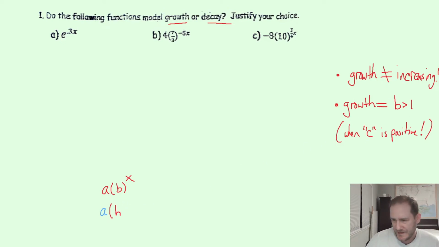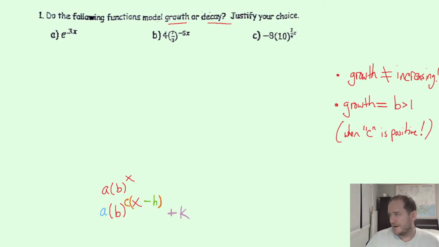And then your base b is not a transformation, that's just b. You've got an x upstairs. Then you've got a transformation here. Your coefficient on x is your c value. Then anything added on to x, technically subtracted, that's the h. And anything on the outside added on is a k.